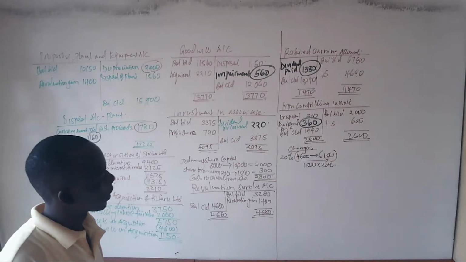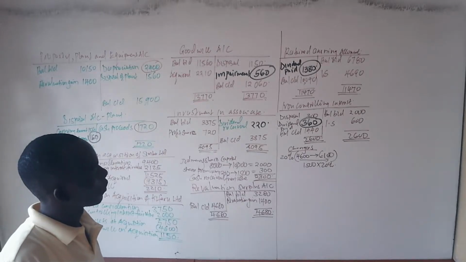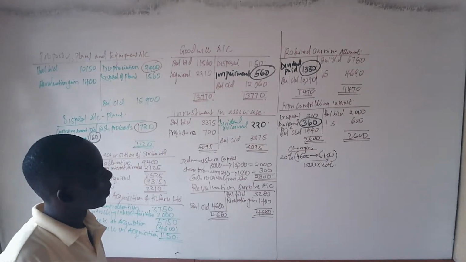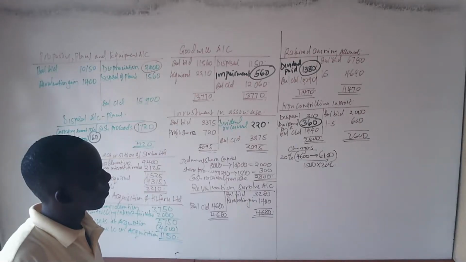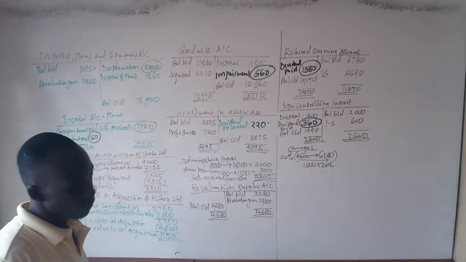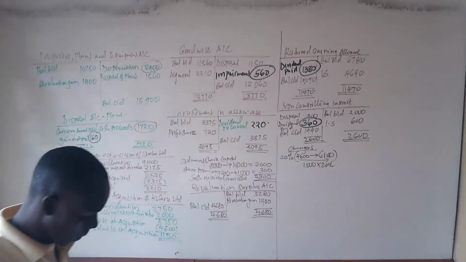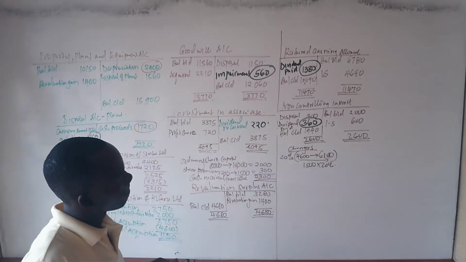Then we have income statement. Then we have talked about the net assets which we disposed. Then from there, what else?